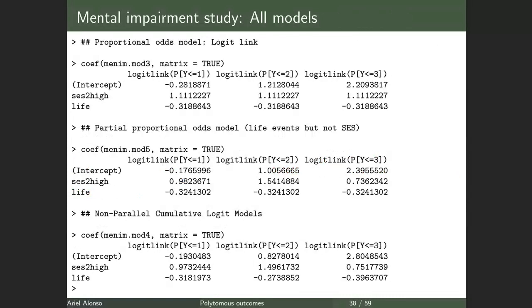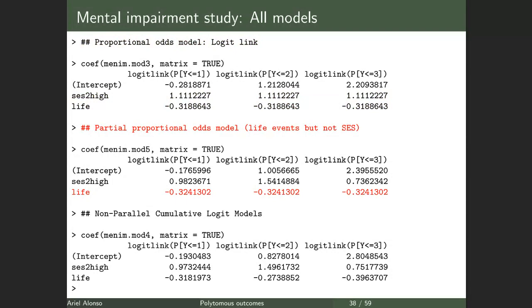So here we have the 3 models. Here we have the model when you assume proportional odds. So the intercept varies for the different logits, but you get the same effect for the covariates. This is the proportional odds assumption. Here you have the model estimates for the partial proportional odds model.